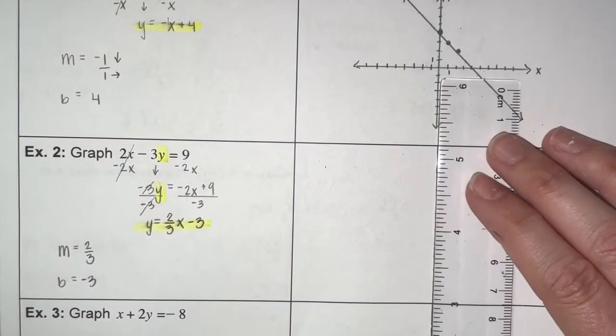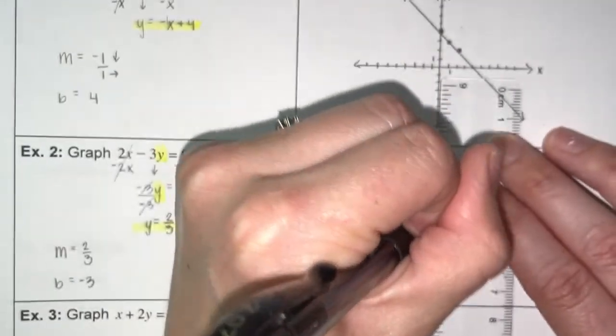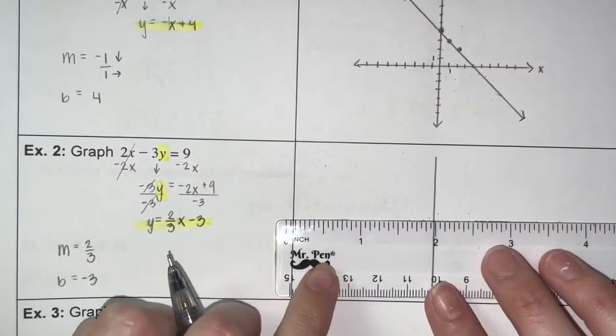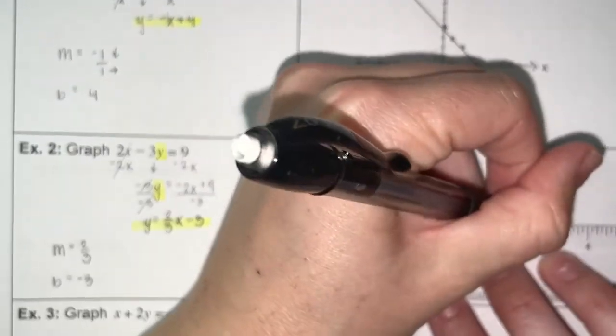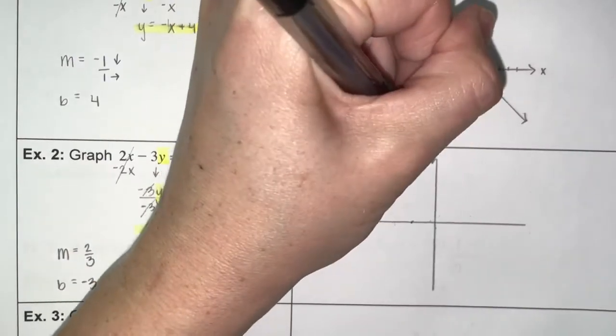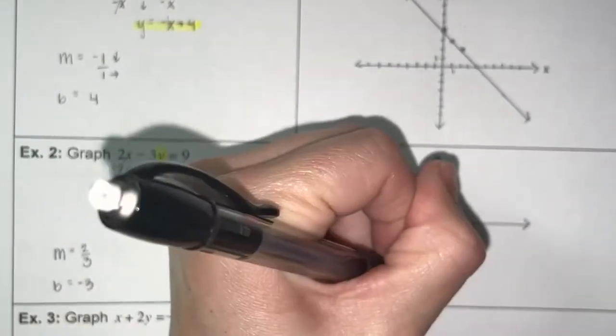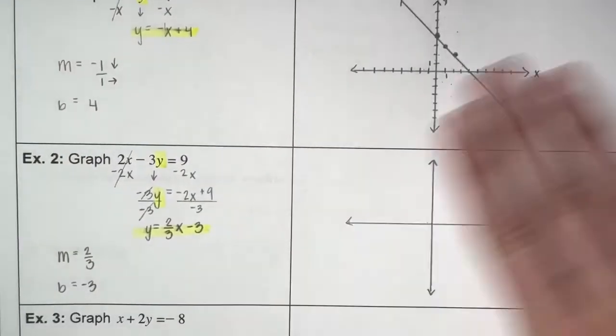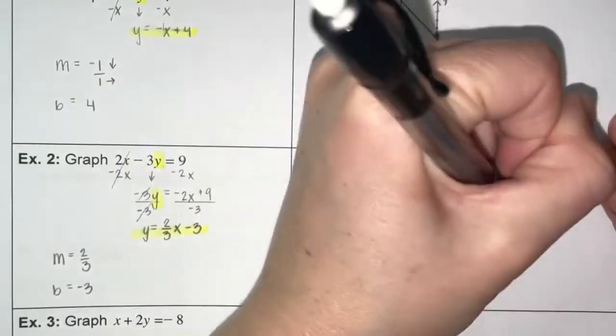And then I can start setting up my graph. Just remember to continue to use a straight edge when you're graphing, so that your graphs can be as accurate and as clean as possible.